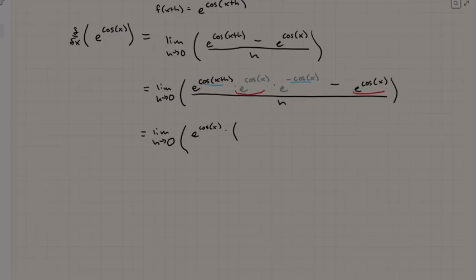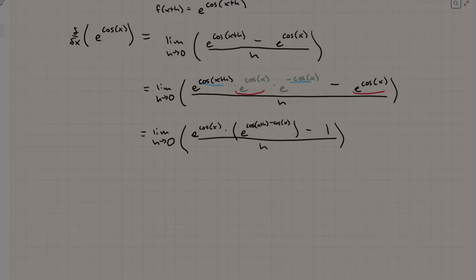So we'll have e to the cosine x times e to the cosine x plus h minus cosine x, and all of that is the exponent of this number. Then minus, we factored that out, so it's just minus 1, divided by h. And that e to the cosine x does not need to stay in the limit.